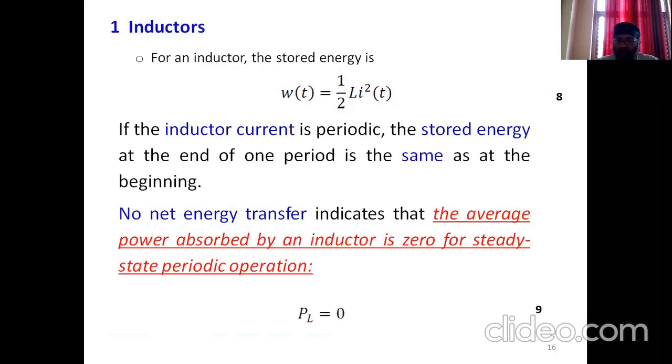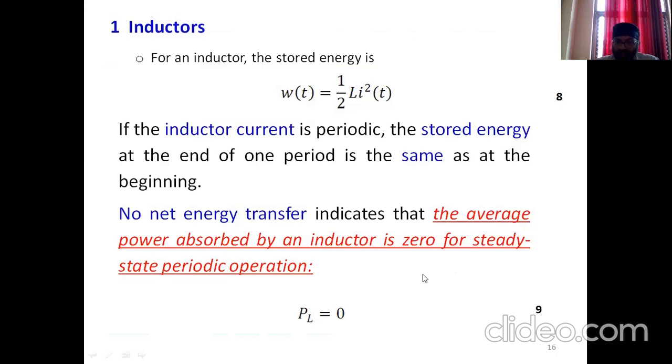In one time period, let's say for a sinusoidal signal, we have one positive half cycle and one negative half cycle. In the positive half cycle, the energy gets stored in the inductor, and in the negative half cycle, the energy gets used by the circuit from that inductor. We'll be using this storage of energy in our power converter circuits.